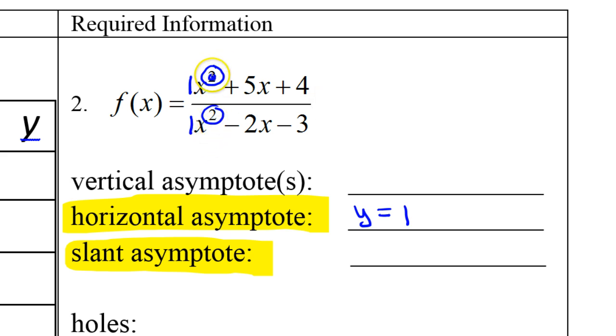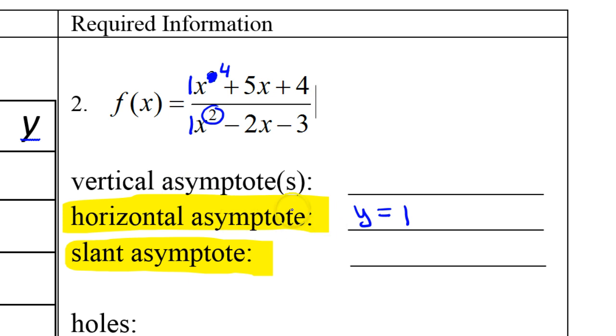Now, if instead of a 2, this had been a 3, we would have a slant asymptote. You get a slant asymptote when the numerator degree is 1 higher than the denominator. It has to be 1 more. What if it was 2 more, like degree 4 or something like that?